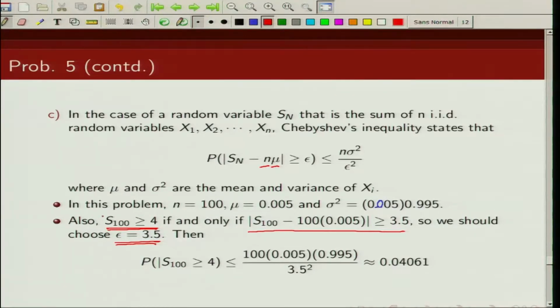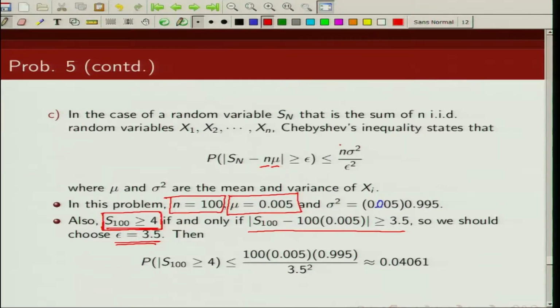Then only we will get the condition that the sum of these 100 bits has more than 3 ones. Here mu, the mean of the number of ones, is 0.005. So if we choose epsilon to be 3.5, we get the condition that the sum of these 100 bits has more than 3 ones.